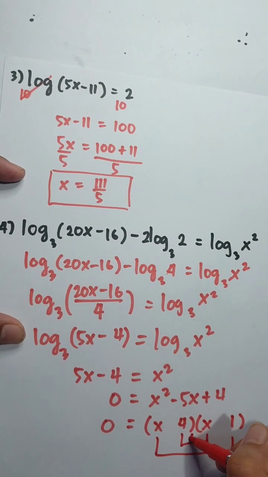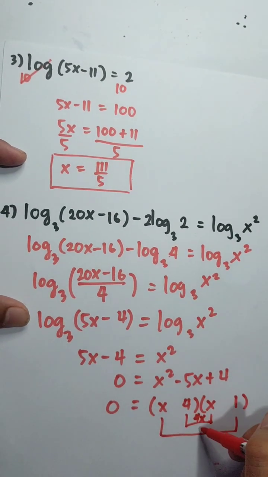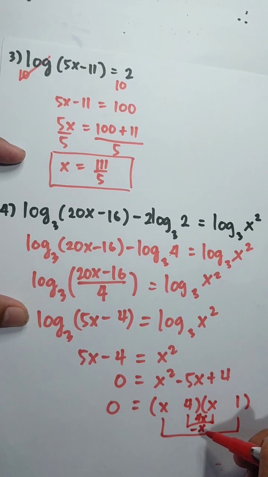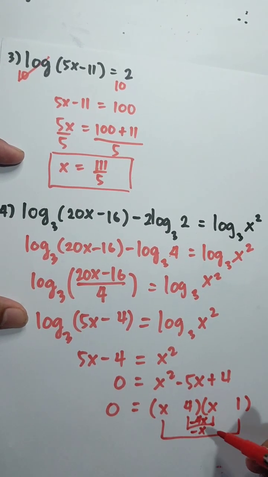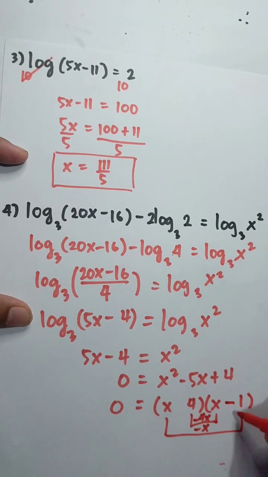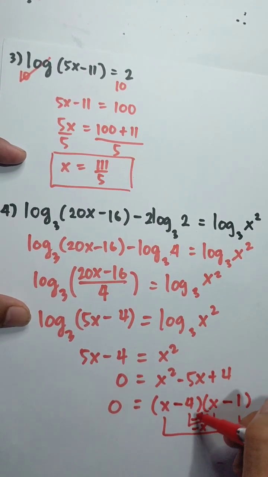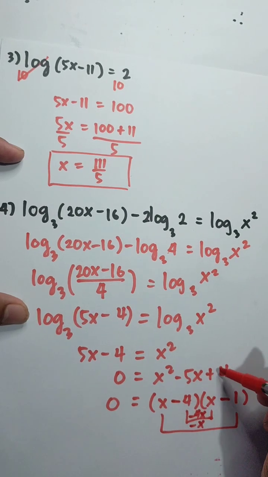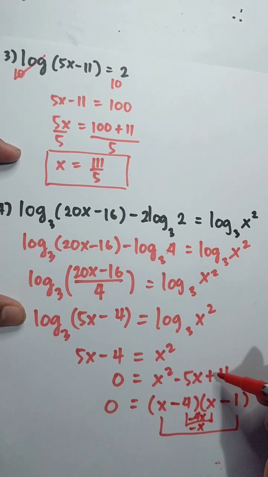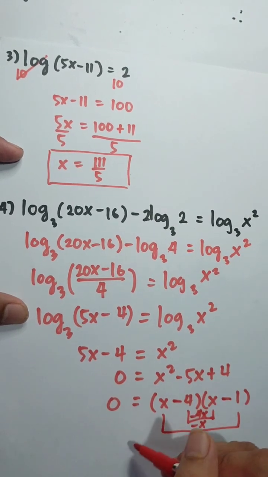So 4 times x, that's 4x, 1 times x, that's x, and we need to have negative 5 there, so this must be minus, and minus, negative, negative, so it must be negative 1 here to give us negative x, and negative 4 here to give us negative 4x. And for the third term, negative 4 times negative 1 is positive 4, so our factor is correct.